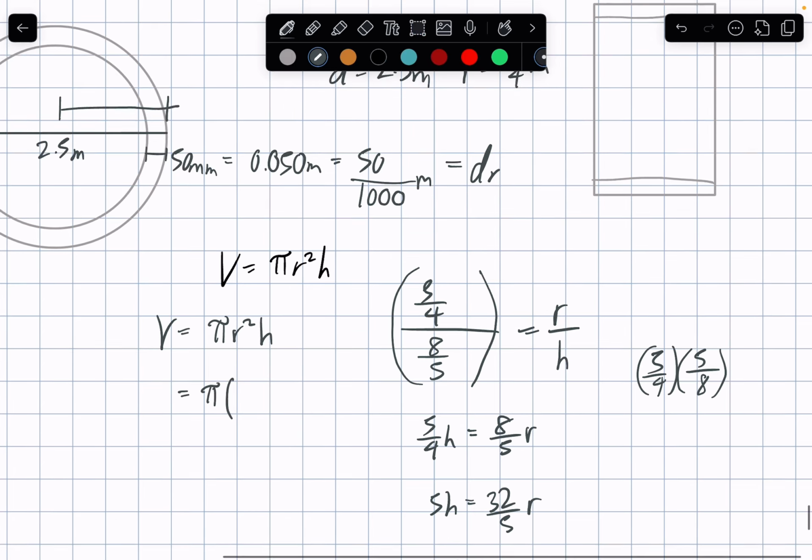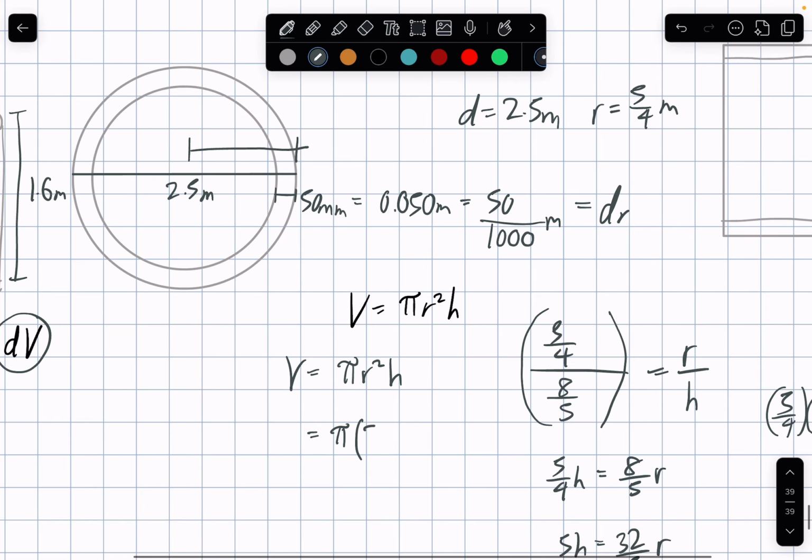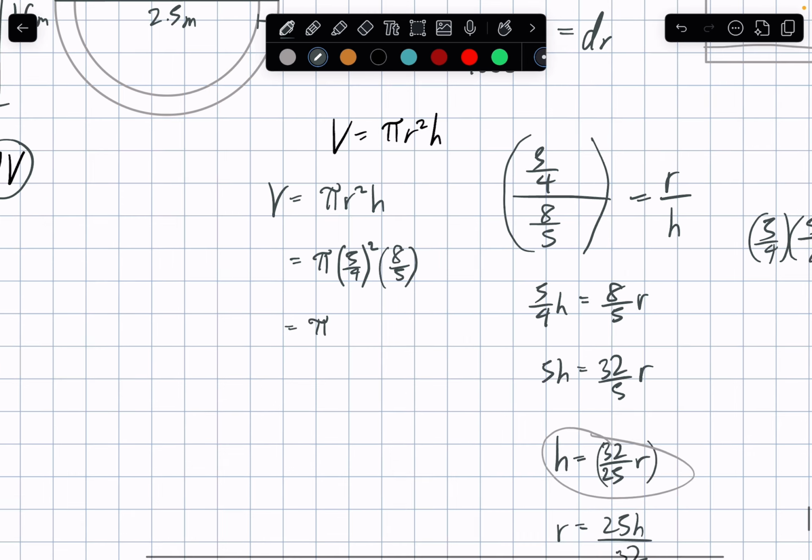Pi r is 5 over 4 squared. Height is 16 over 10, 8 over 5. 25 over 16 times 8 over 5. 5 pi over 2. Huh.